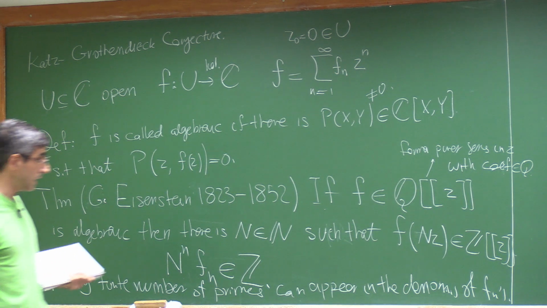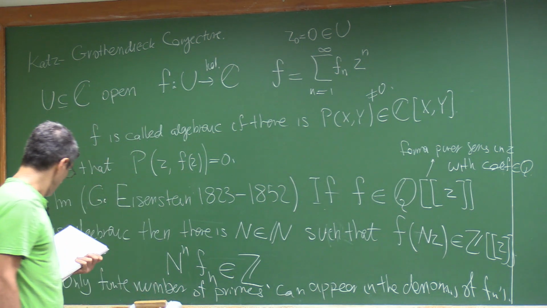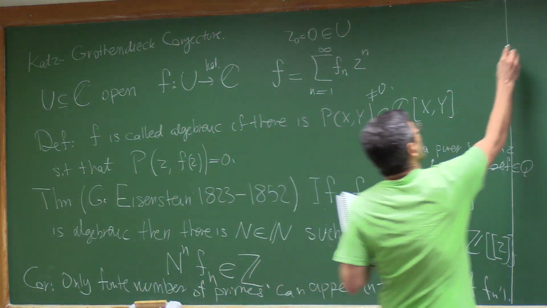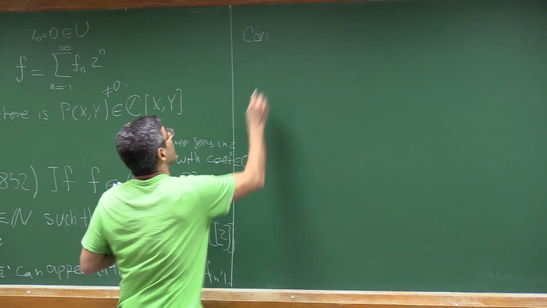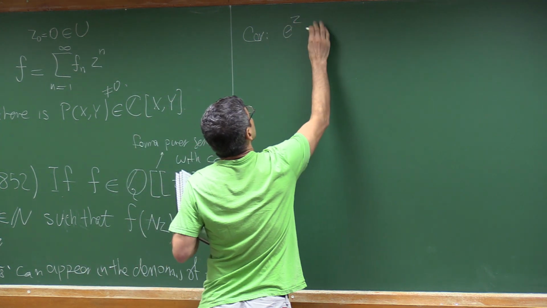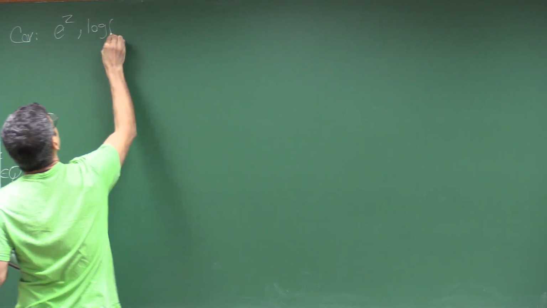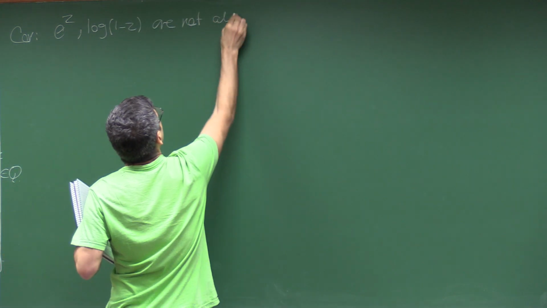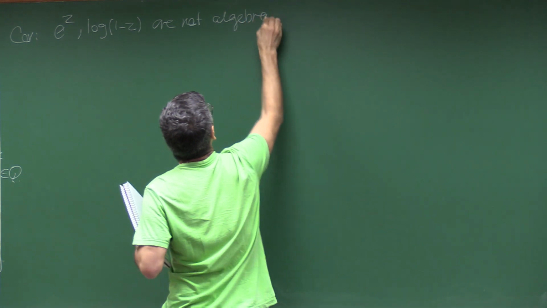Okay, so maybe another corollary. For example, e^z or log(1 minus z) are not algebraic.